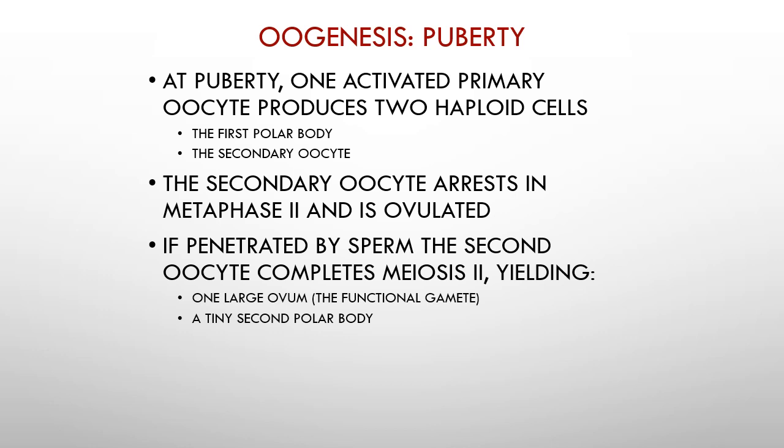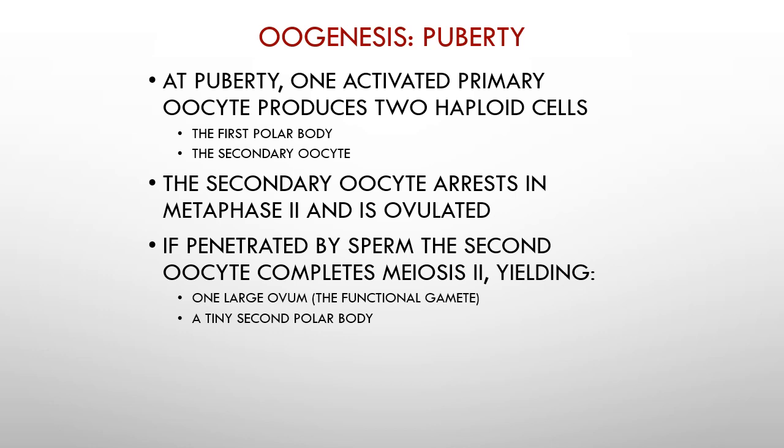The first oocyte that is stalled out is then going to start to continue on. At puberty, one of those primary oocytes gets called on, and it's going to finish up the first meiosis, and then start to go through second meiosis, and again it's going to get stalled out at metaphase 2.